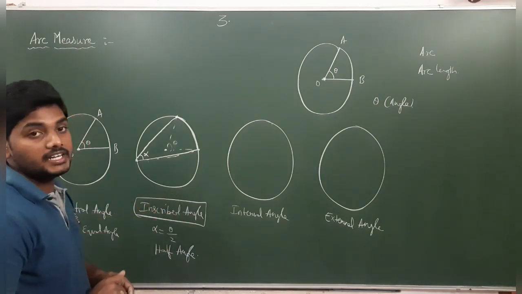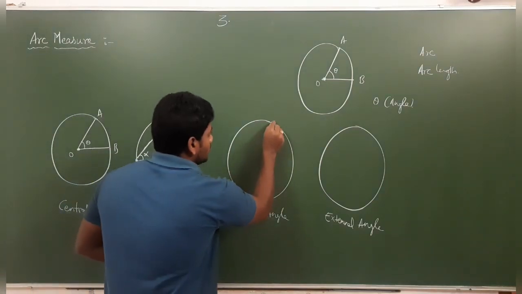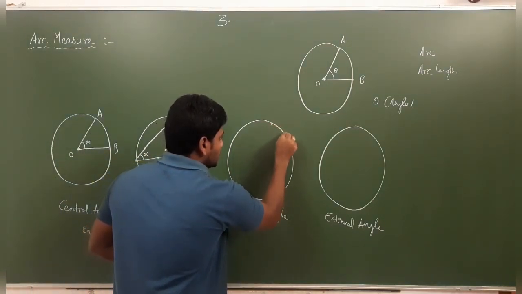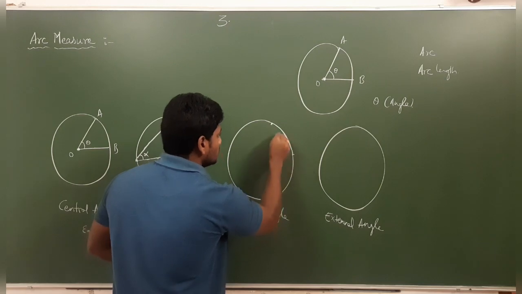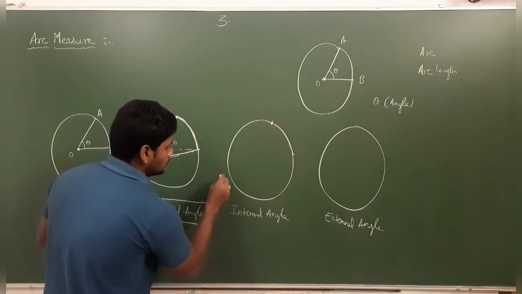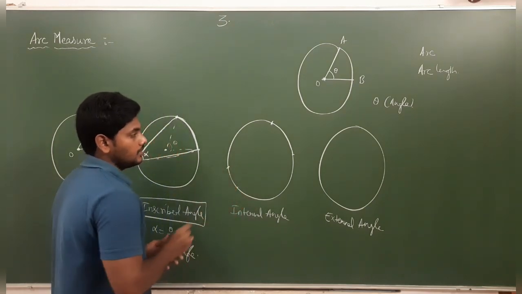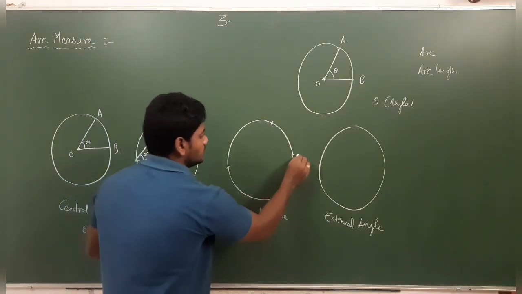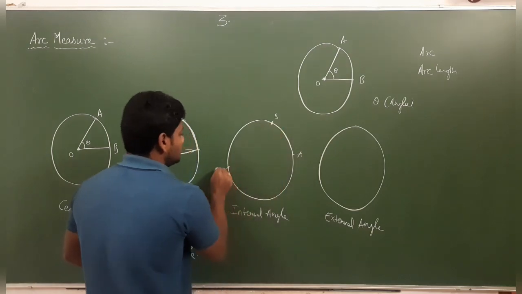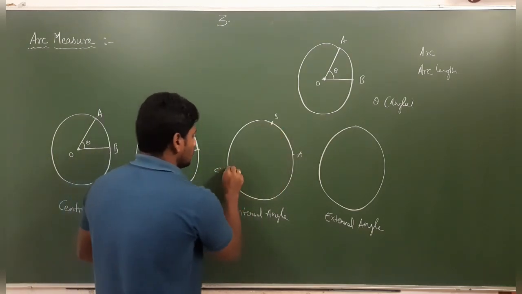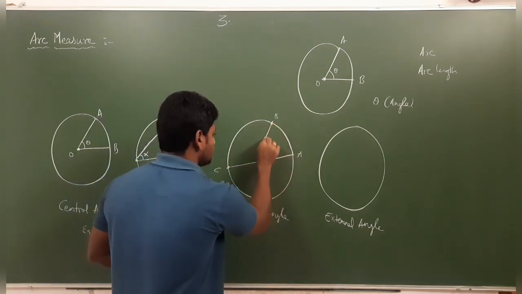Now, what do you mean by an internal angle? Internal angle means, for example, you consider an arc, and opposite to that you consider another arc. If we join those extreme edges, like this is A and this is B and this is C and this is D, you join AC and BD.